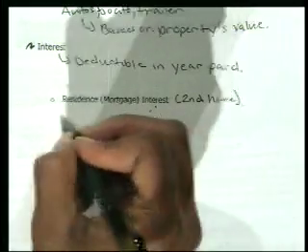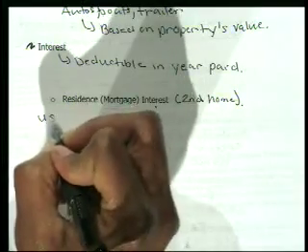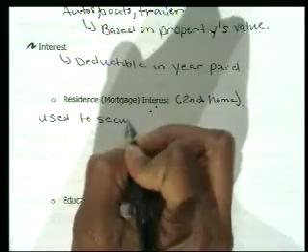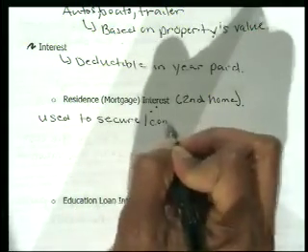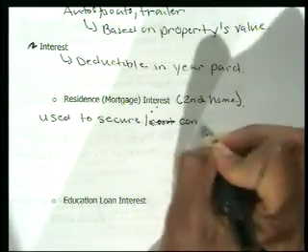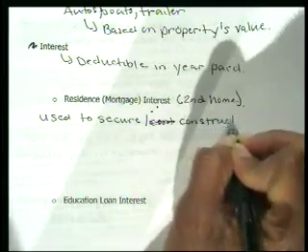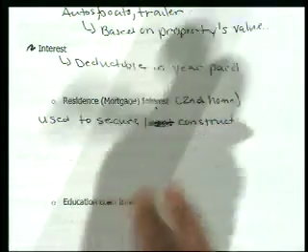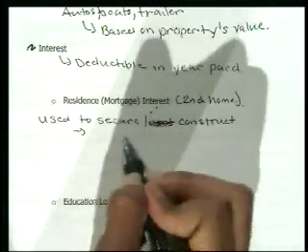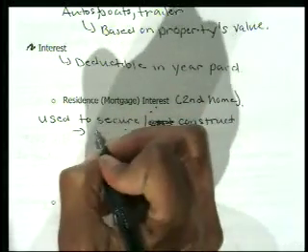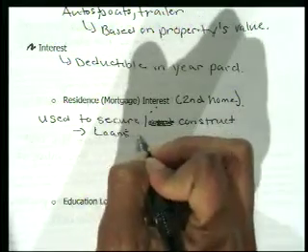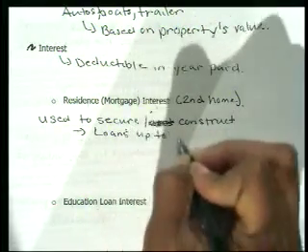And it's going to be on the debt that you used to buy or secure your home or construct it. So maybe I built it. Okay. And that particular amount, those loans on the securing or construction of a home is going to be loans up to $1 million.